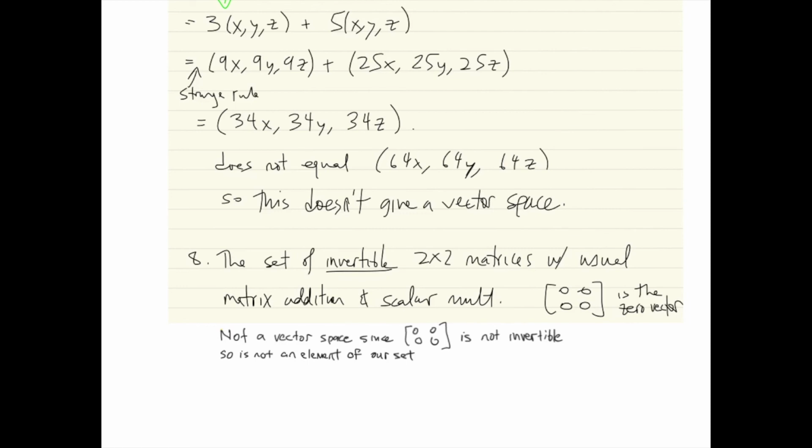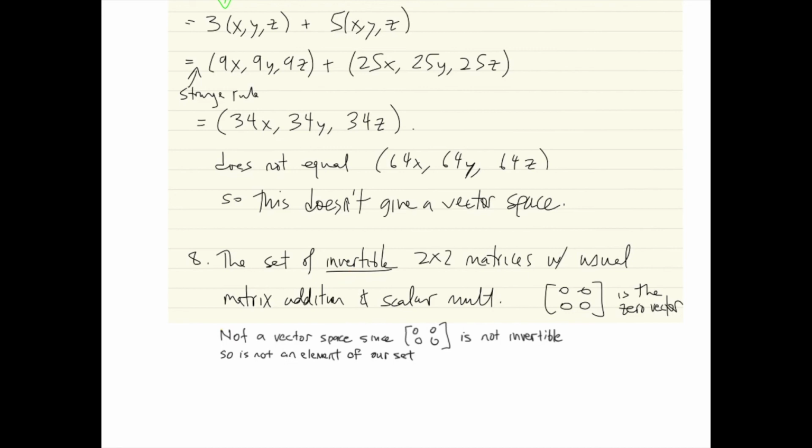Okay, and then let's do one final example. The set of invertible 2x2 matrices with the usual matrix addition and scalar multiplication. This is not a vector space, since the 0 vector for matrix addition is the matrix consisting of all zeros, and this is not invertible. Again, what does invertible mean?